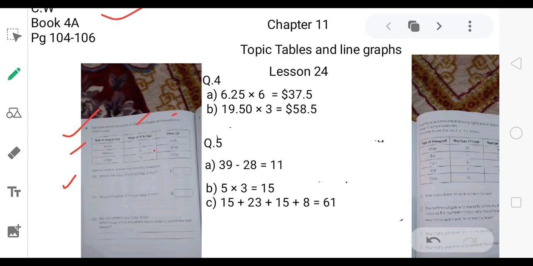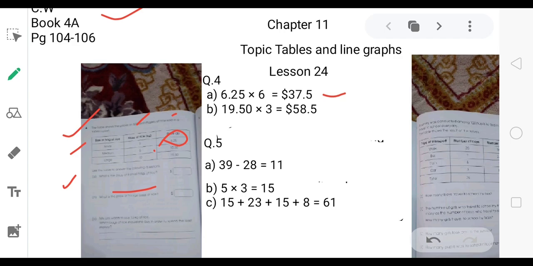One bag consists of 3 kg, and he asks you the price of 6 small bags. $6.25 is the price of one small bag, and for 6 small bags you will do 6.25 multiplied by 6, that is $37.5. Is it clear? You will do the rough work in your rough column.